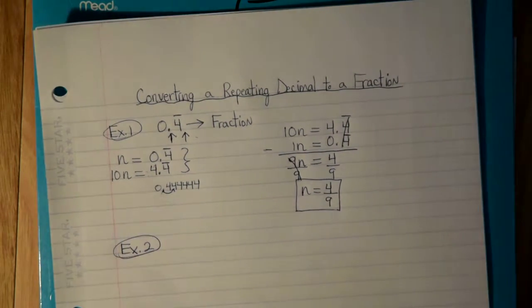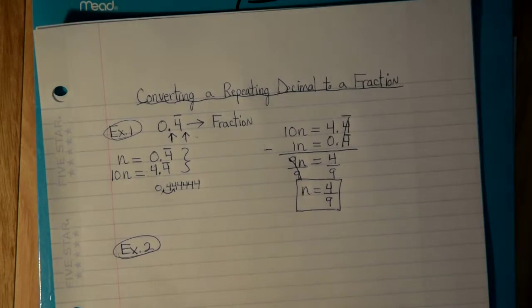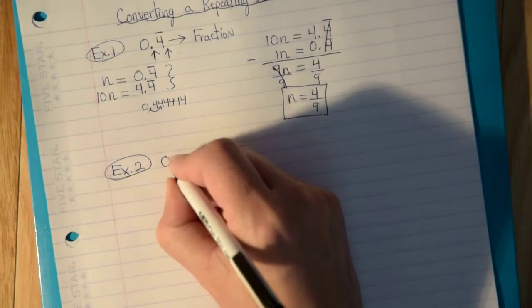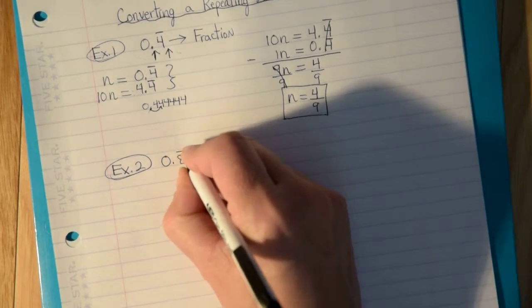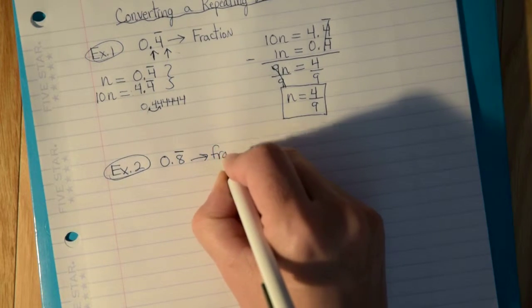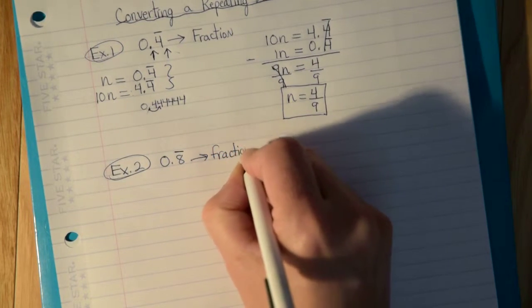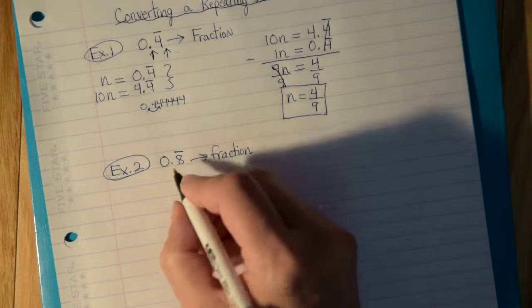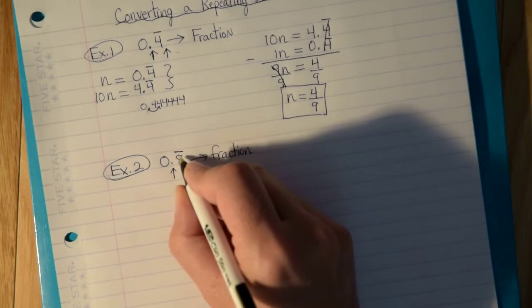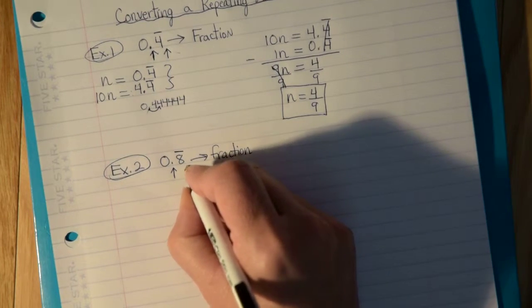is also a simpler one. Let's do 0.8 repeating, and we want to convert it to a fraction. So I need my decimal to be just to the left of the repeating piece, which is 8, and just to the right of it.